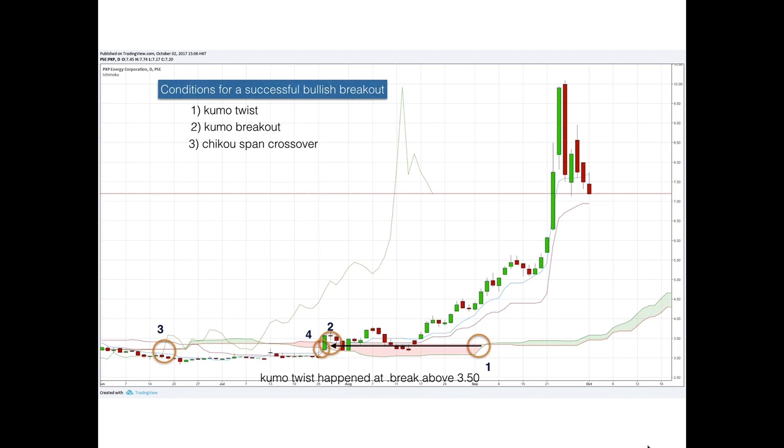The Kijun-sen crossed above the price, and the Tenkan-sen crossed above the Kijun-sen. So price rose from about 350 at the Kumo breakout to 995 in a few weeks, or even 10 pesos. I think the high was 1010. It also made successive breakouts.